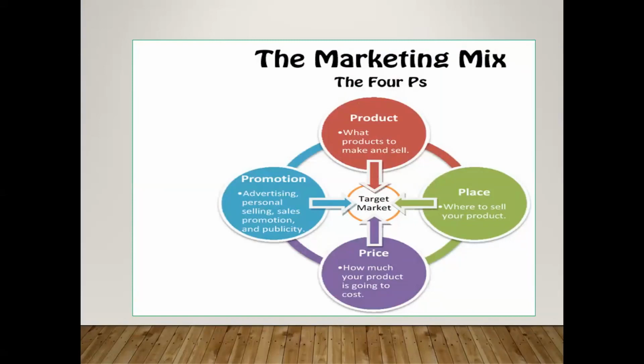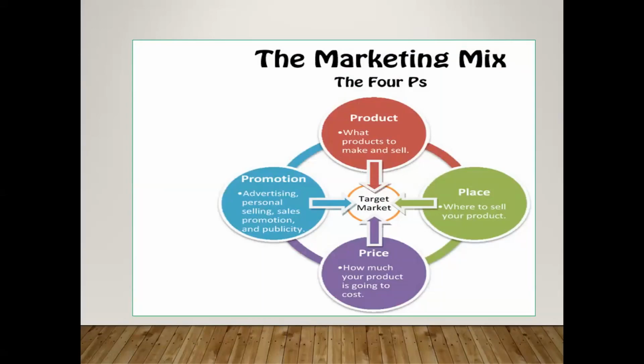Product: what products to make and sell? What are you selling exactly? The place: where do you sell the products? The price: how much is your product going to cost? The promotion: are you going to use advertising, personal selling, sales promotion, and publicity?